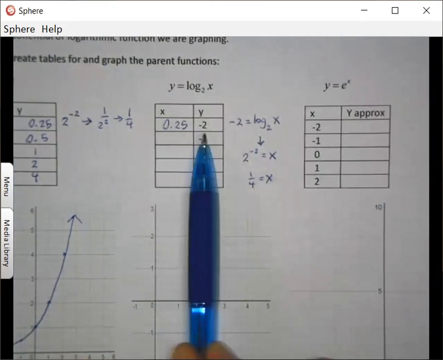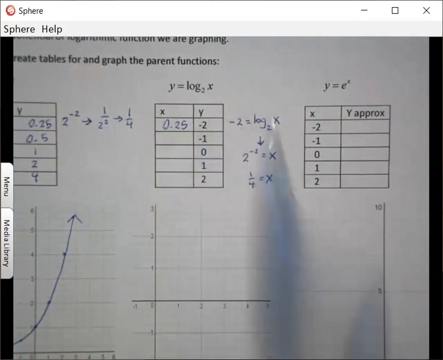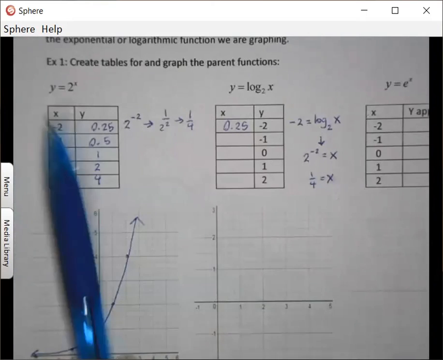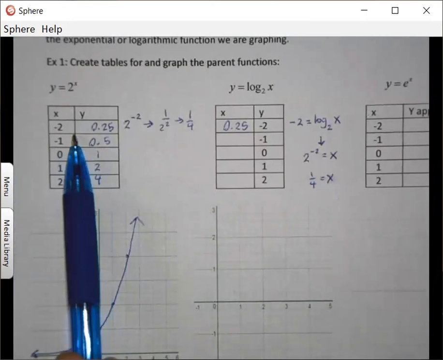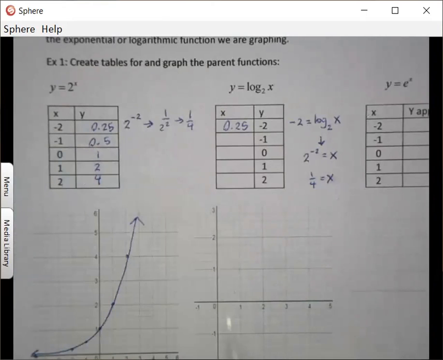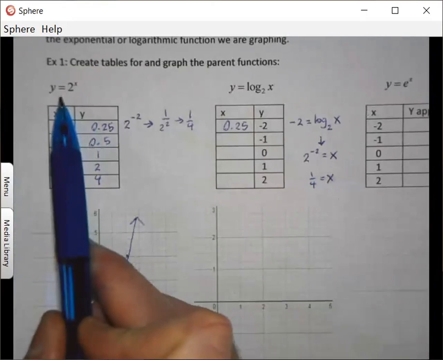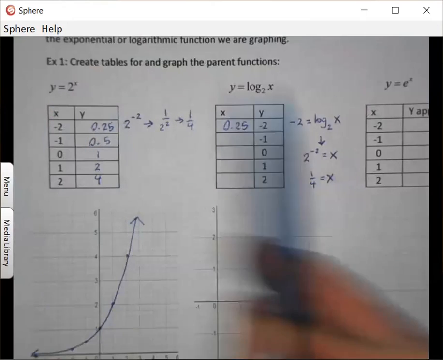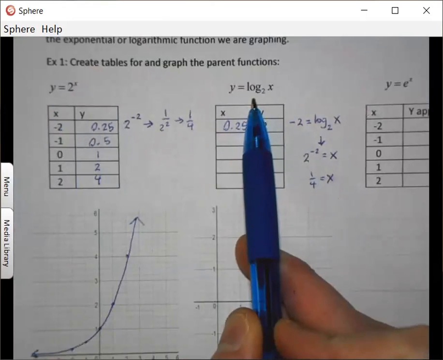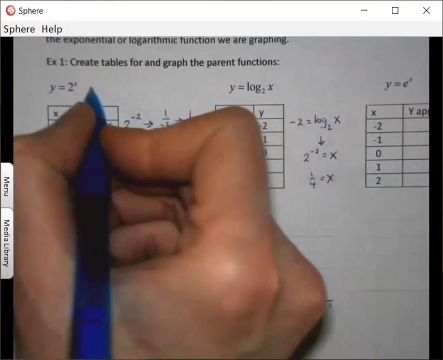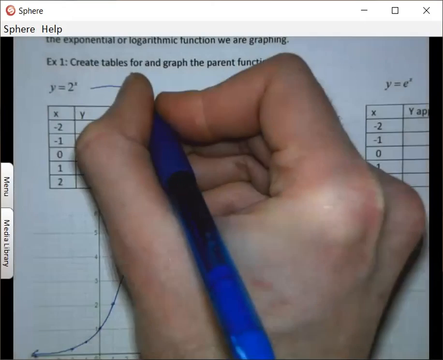What I want you to notice is this and this are related. And they're related because if we change this to logarithmic form, we get this. Or we can say this is the inverse.